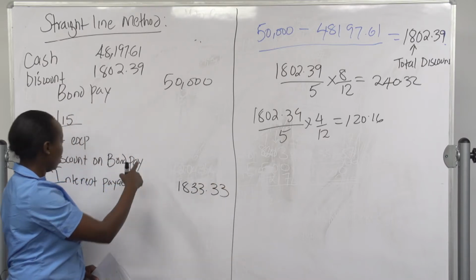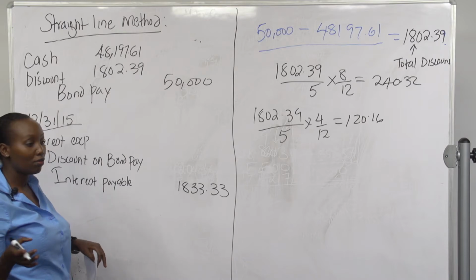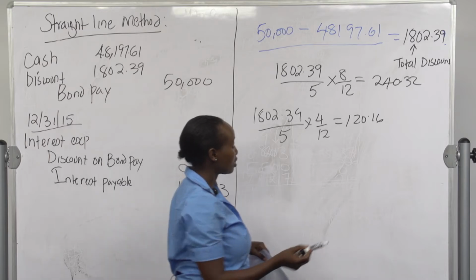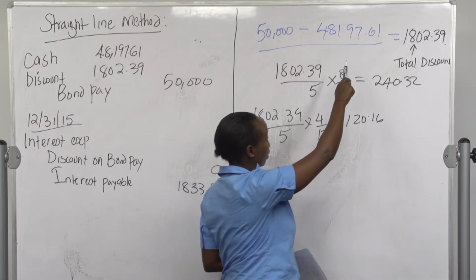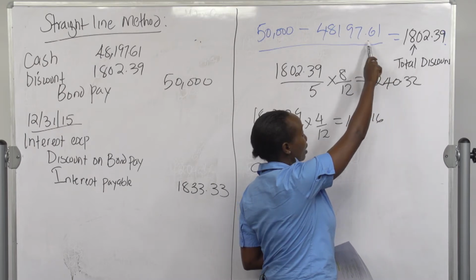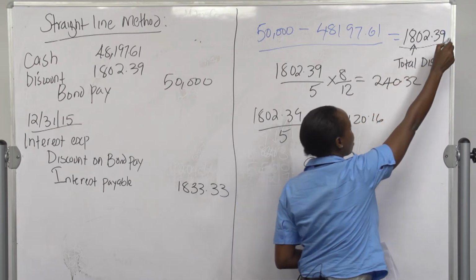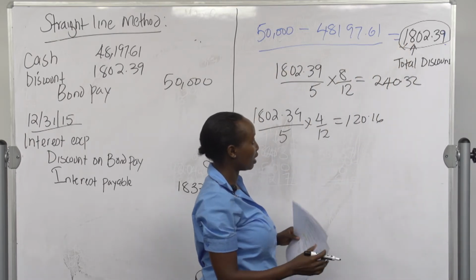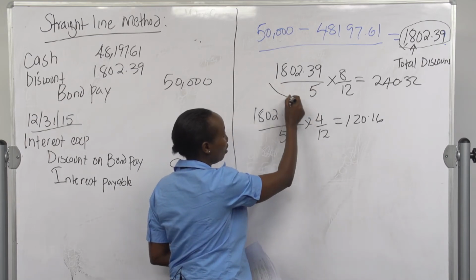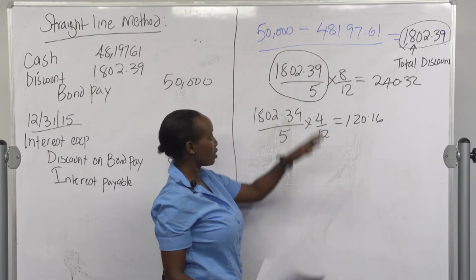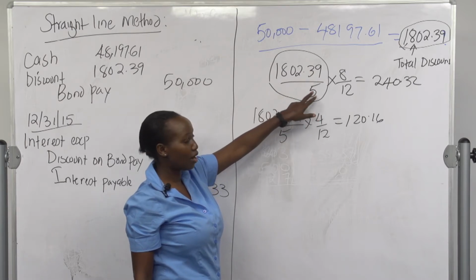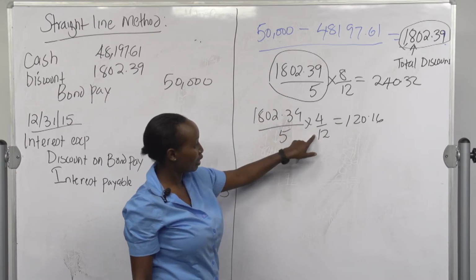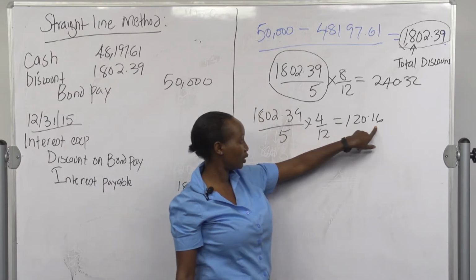So we had 1,833.33. Next, we are going to figure out the discount on bond payable for the 4 months from September to the end of December. The total discount is the difference between 50,000 and 48,197.61, which is $1,802.39. For 1 year of bond interest, it's $1,802.39 out of 5. If we're doing it for 4 months, we multiply that figure by 4 out of 12, so we'll have $120.16.